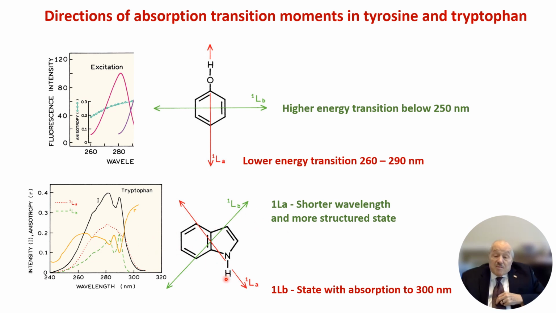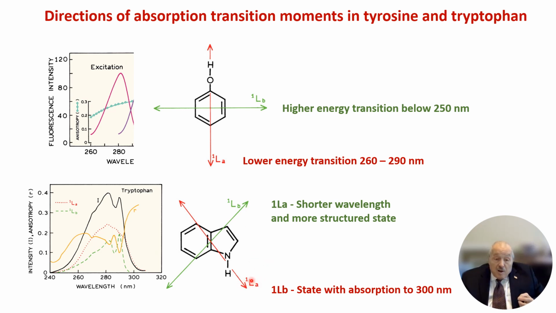Here, the indole moiety is known to have two different electronic transitions which are perpendicular to one another. The 1LA state is this, the 1LB state is this structured one which goes along, I would say, the nonpolar part of the tryptophan residue.